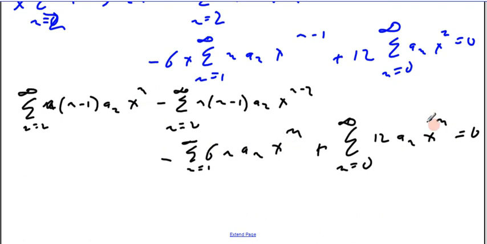x to the n, x to the n, x to the n. So this guy I'm going to do a substitution, n equal n plus 2, so that everything's an x to the n.